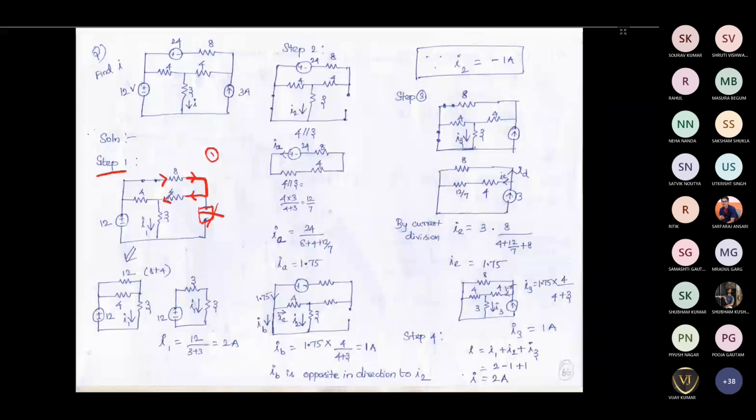So it's obvious that this 8 ohm resistor and this 4 ohm resistor are in parallel. Oh, sorry, this is in series, so it is 8 plus 4. These two are in series, so you will be getting 12 ohm.